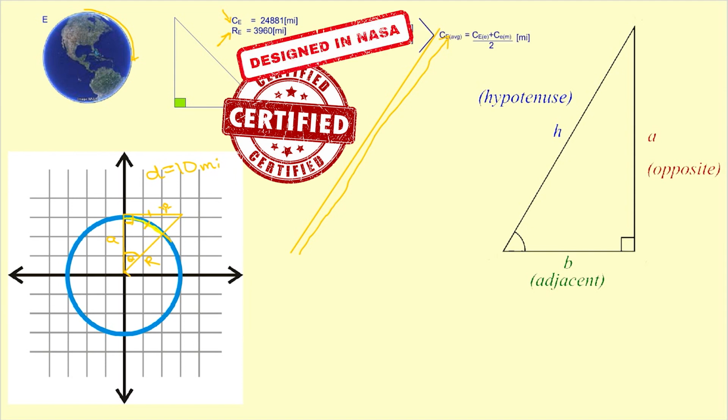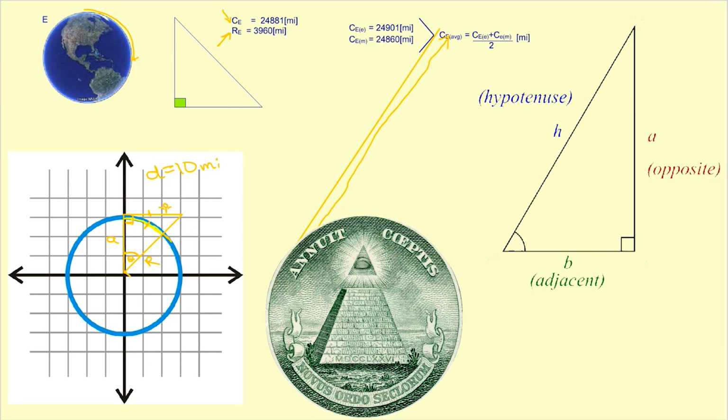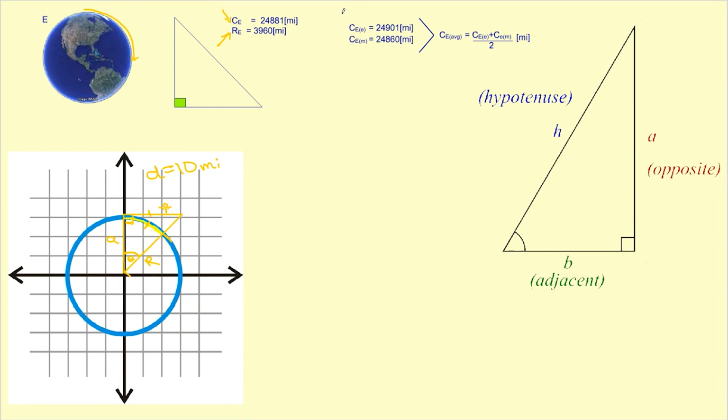Let's talk about where they came from, though. Circumference at the equator, sub E, is said to be 24,901 miles. Circumference of the Earth at the meridian is said to be 24,860.